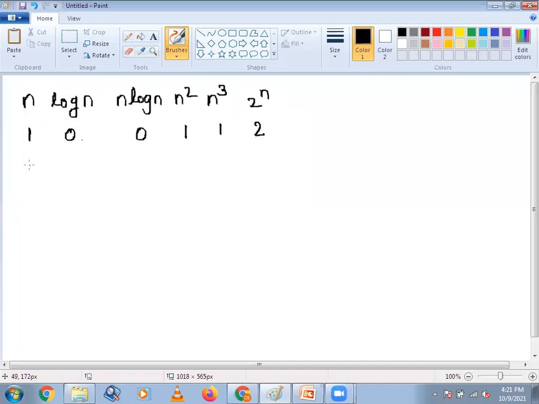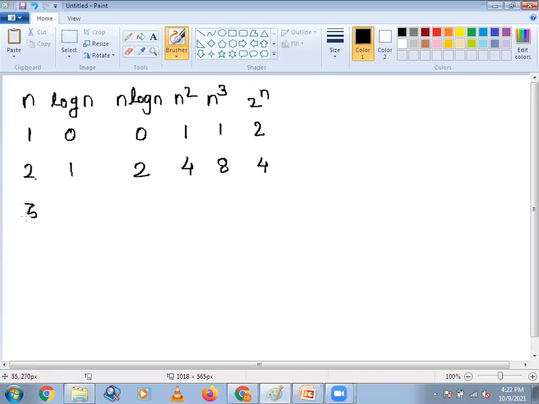Then suppose n is 2, then log n is 1, multiplication of these two, n log n is 2, n square is 2 square, 4, then 2 cube 8, and then 2 raised to 2, that is 4.